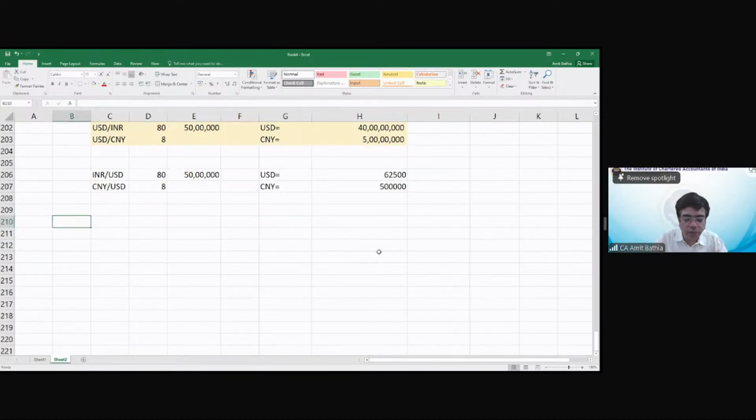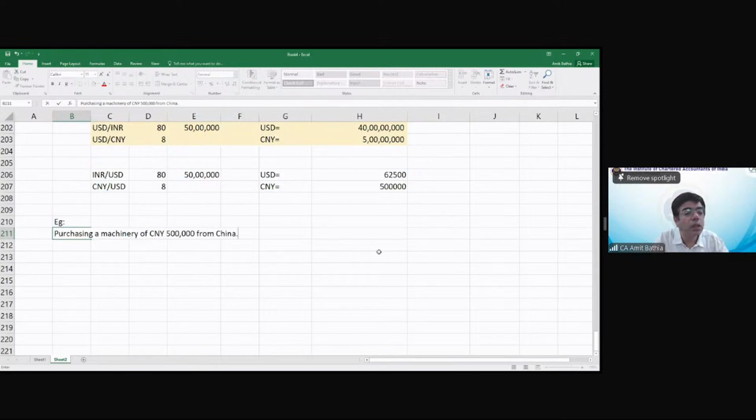Let us take one more example. Okay, let us take one more example. Now you might have learned capital budgeting, right? So for capital budgeting, let's say I am purchasing a machinery of CNY 500,000 from China.